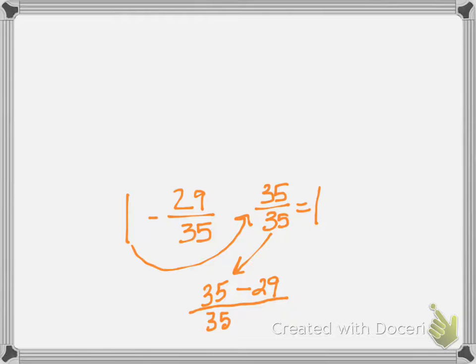When I take that away, I know that 35 take away 29 is equal to 6 all over 35. So my answer to this one is going to be 6/35ths.